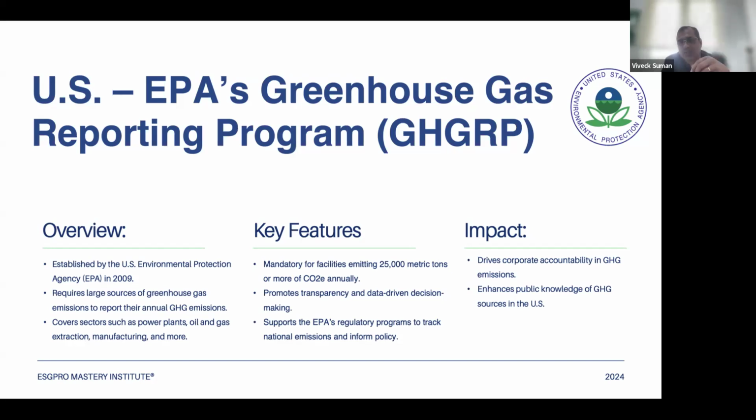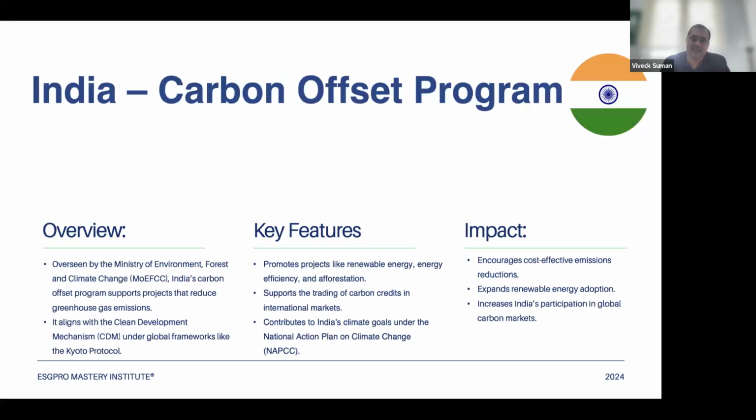In America, if you trade your climate certificates, you need to use EPA guidelines. That's why GHGRP is a very important framework for carbon accounting in the USA. The impact is that it drives corporate accountability in GHG emissions, and it also enhances public knowledge of GHG sources in the United States.